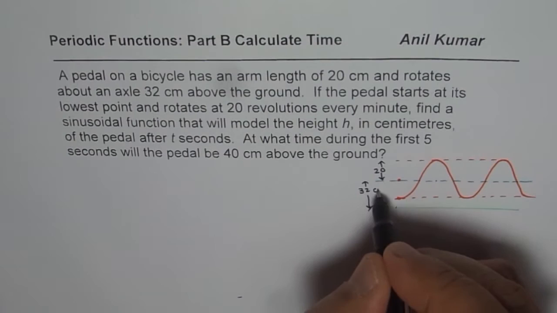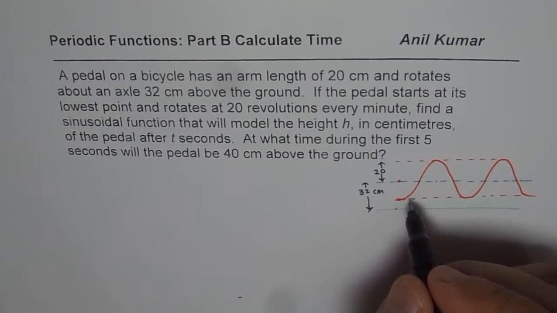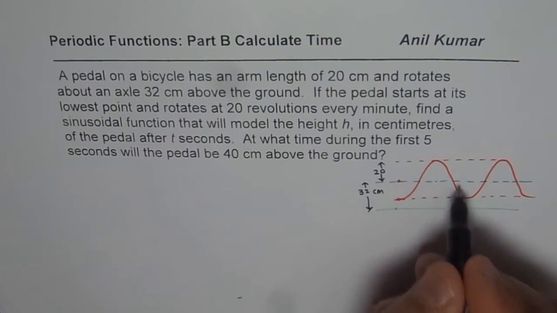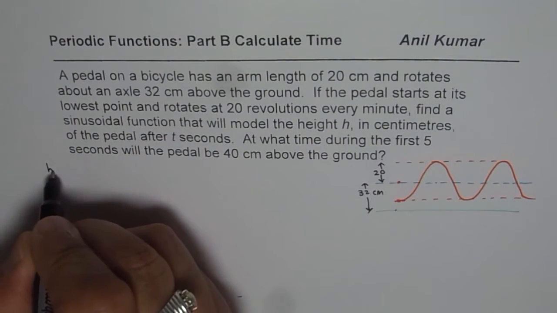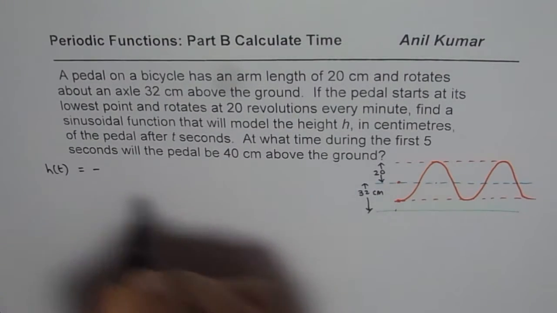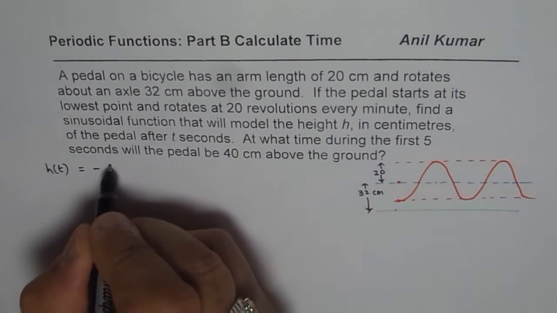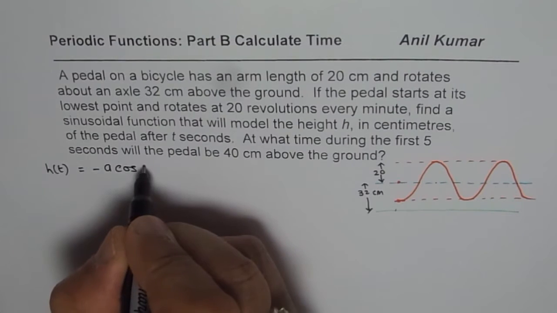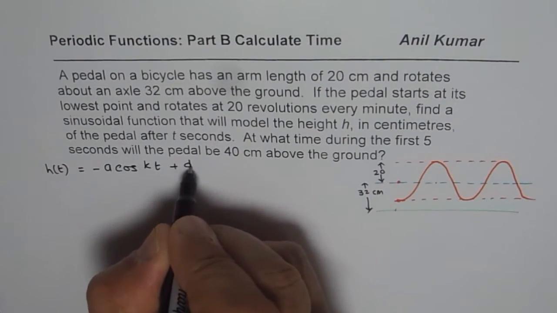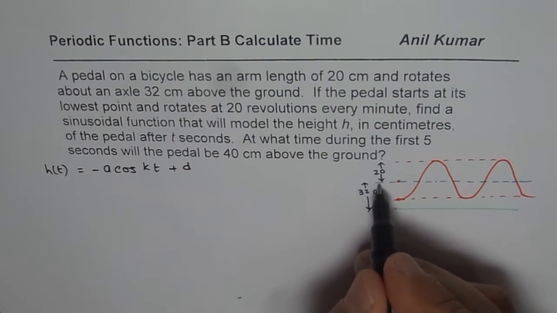All these dimensions are in centimeters. Second, we wrote our equation in the form of a cosine graph. So we could write h of t, where time t is in seconds, as equals minus, since it starts from the bottom, a cos of kt plus d, where d is the axis length.